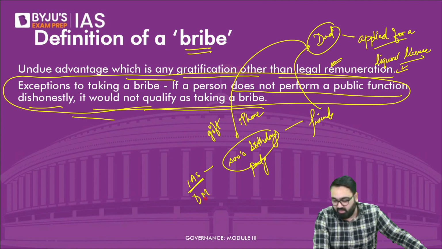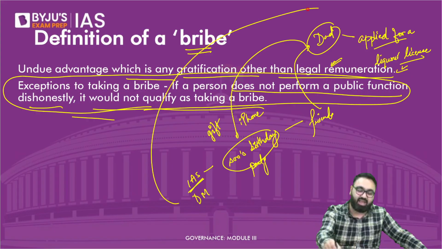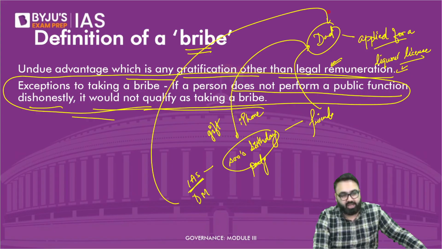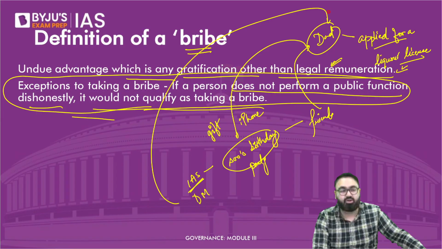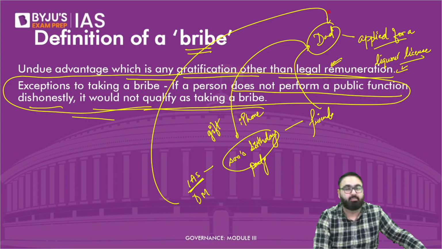So he decides to give the liquor license to this person. Now people start saying, oh, the liquor license was given because of the iPhone. Because your son got the iPhone as a gift, that is how you took the liquor license. So this is a bribe.